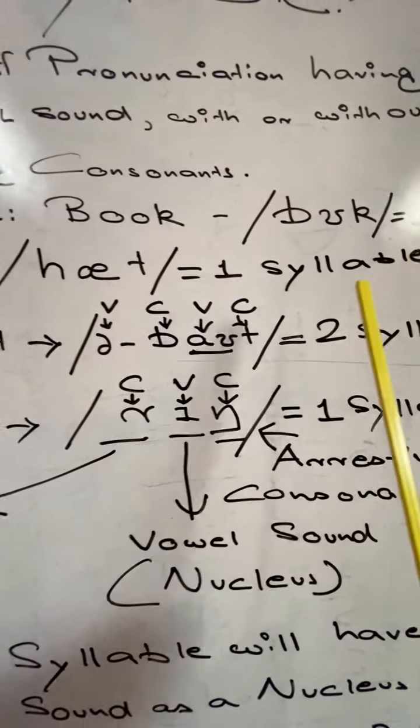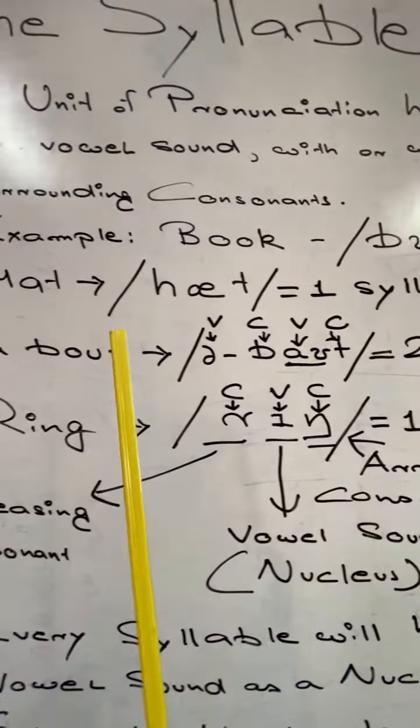Similarly, when we talk of hat, A is not pronounced A, it is pronounced A, and the last one is T, hat. How many syllables are there in hat? There is one syllable in hat. Now when we come to the third word, about.